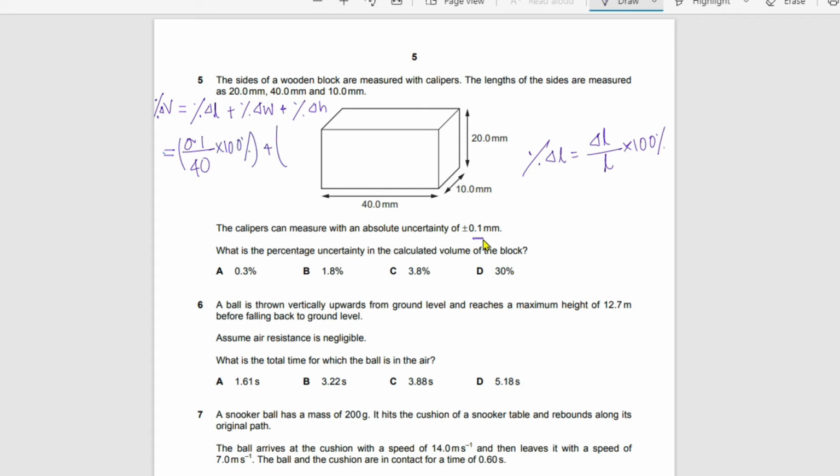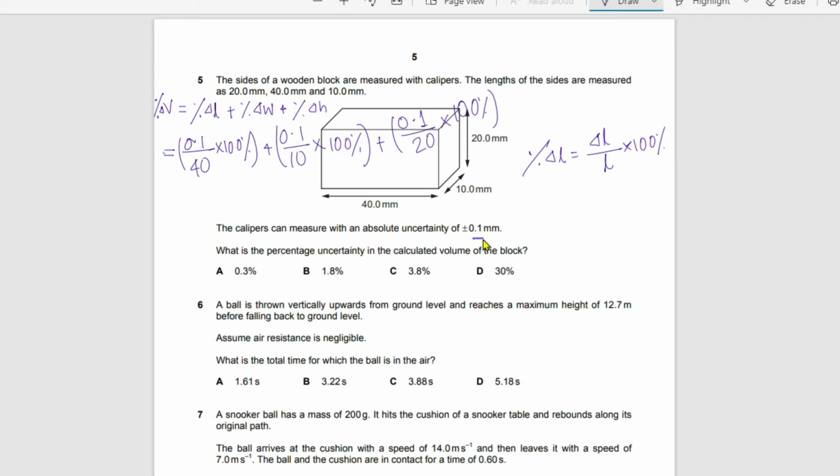Same, percentage uncertainty of width, 0.1 divided by 10 times 100%. And finally percentage uncertainty of height, 0.1 divided by 20 times 100%.